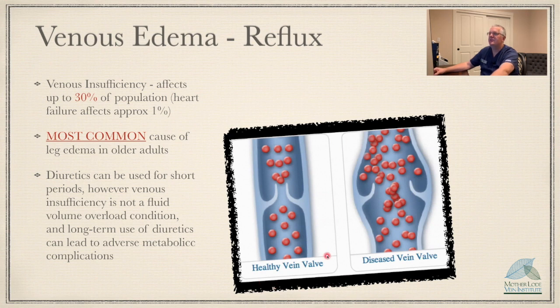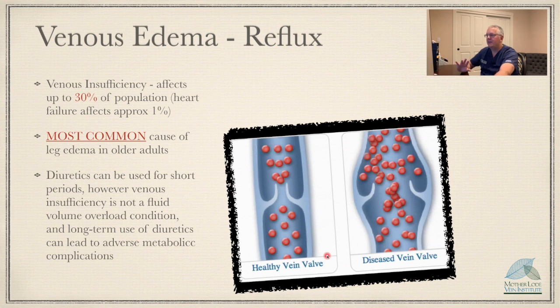So this is venous reflux. I want to emphasize that it affects lots and lots of people. Just to give you a perspective, 30% of the population have venous reflux, but only like 1% have heart failure. So it's pretty common. And it actually is the most common cause of leg edema in older adults.